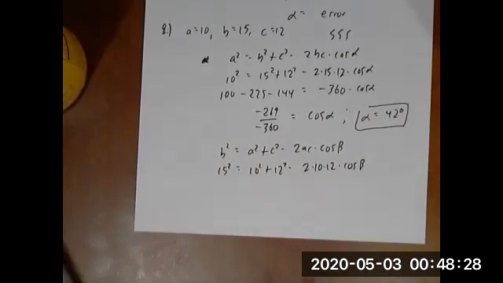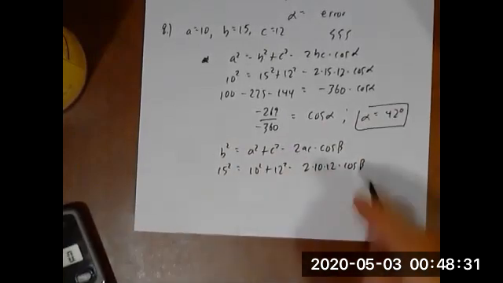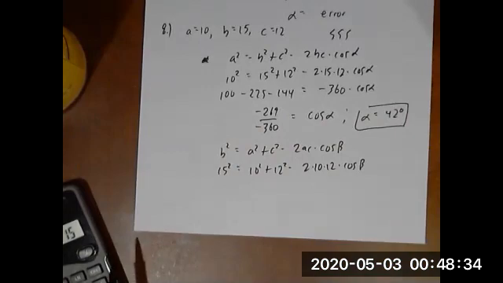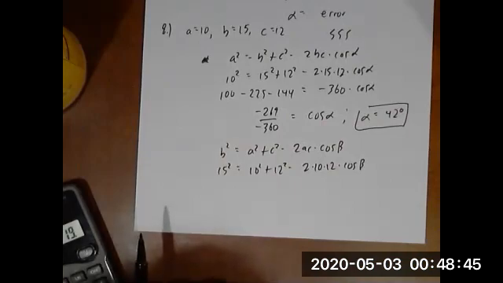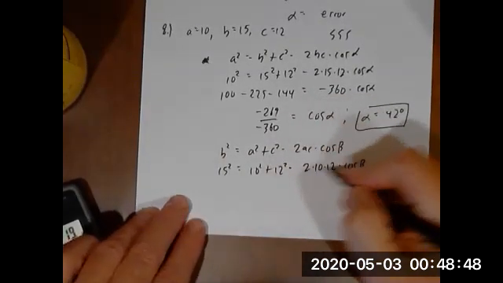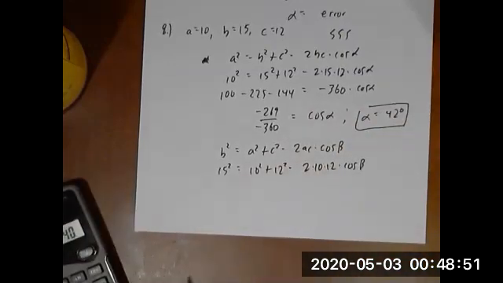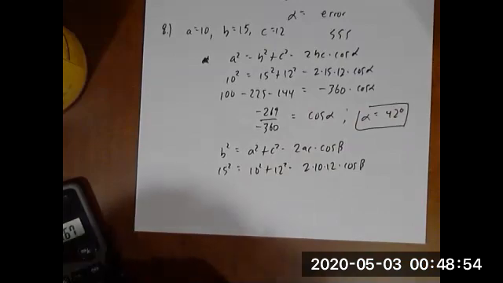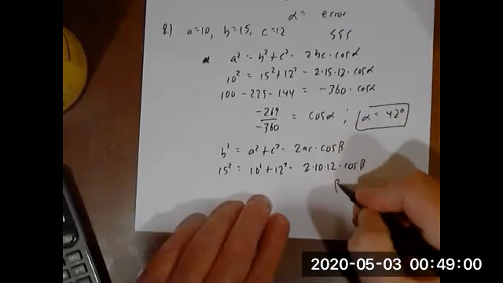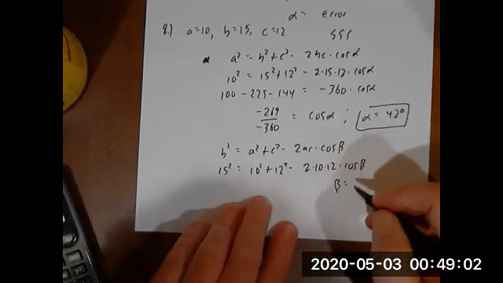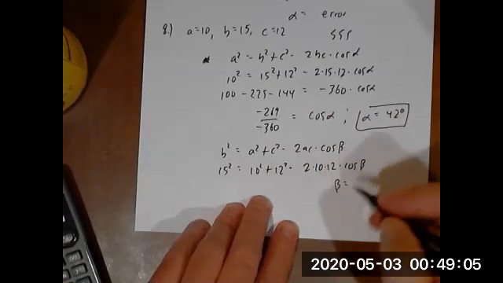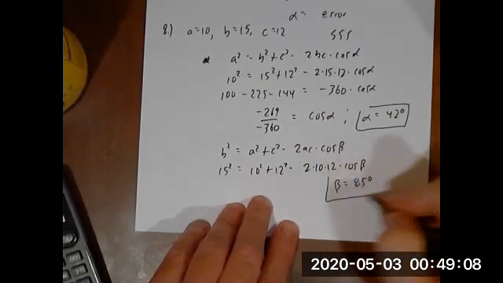I'm going to try and do all this on my calculator pretty quickly since we've done this many times now. 15 squared minus 100 minus 144, divided by negative 240, and then inverse cosine. So if you do all the math correctly, you should get 85.45, which ends up being 85 degrees.